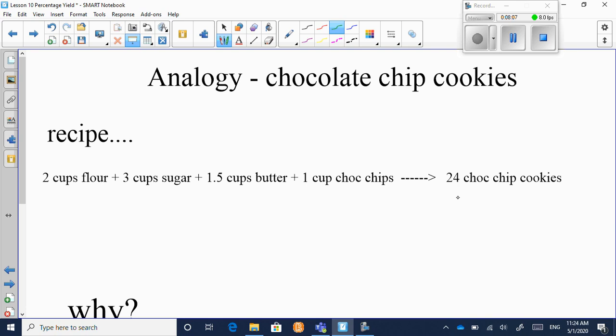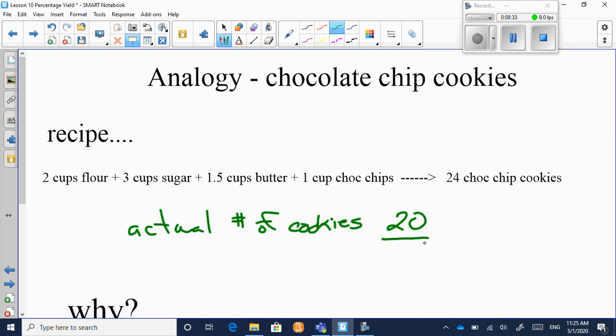Well, let's say I did all this. I got together and I was really hungry, so I mixed all these ingredients into a bowl, and started baking. I baked all afternoon, and at the end of the day, the actual number of cookies that Mr. Webster made was 20. Okay, so the 24 cookies that the recipe told me I was going to make was theoretical.